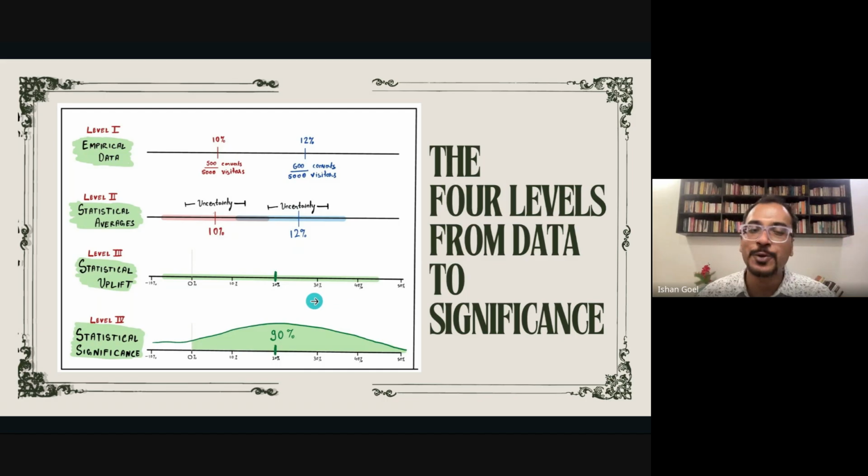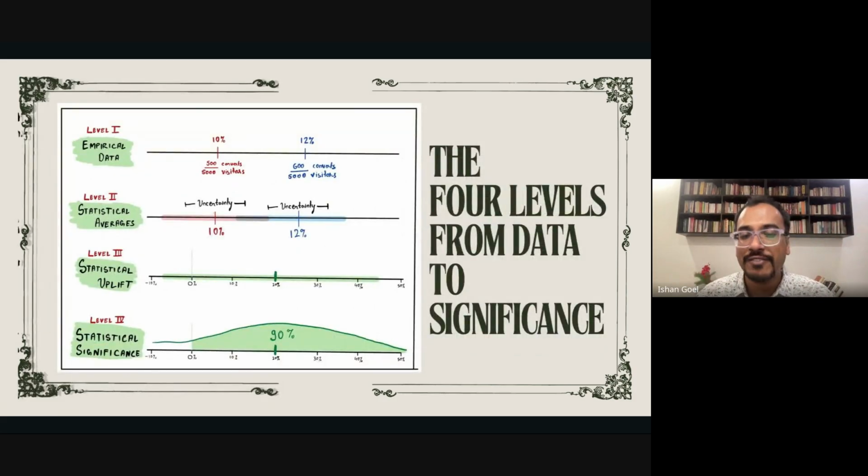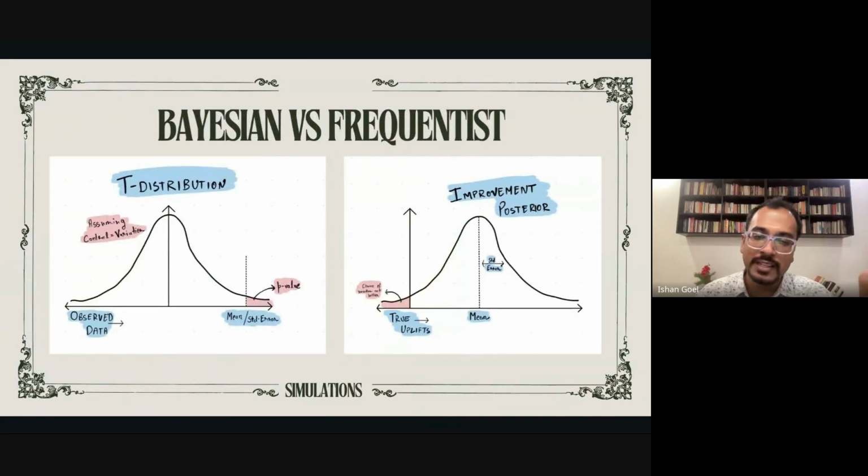But before I come to these 4 levels of statistics, I want to explain the difference between Bayesian versus frequentist in a very simplistic way, because the 4 levels that I've defined are from the Bayesian school of thought. So anyone who has studied p-values from the frequentist school of thought might feel that this is entirely something different and something wrong. So it is not. I'll explain the difference.